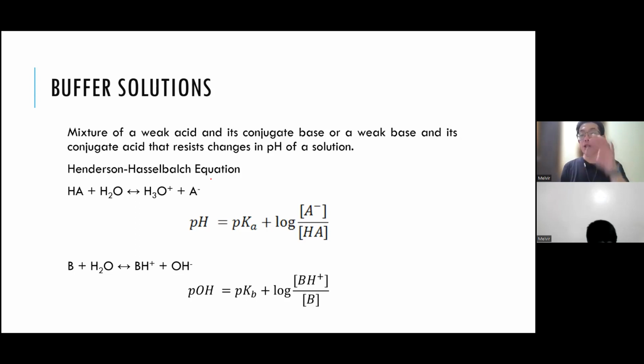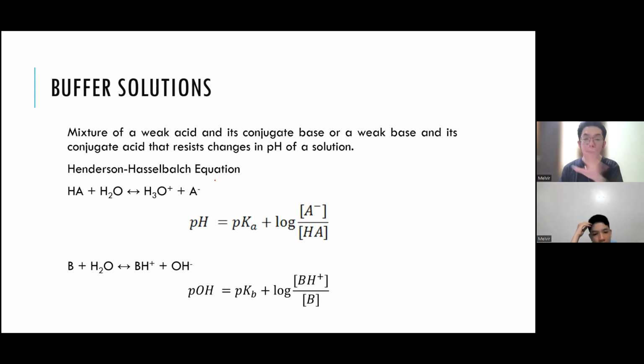So it means, let's say, Joshua, can we make a buffer out of HCl and sodium chloride? Hydrochloric acid and sodium chloride. Hindi po. No, the answer is no, because HCl is a strong acid. So you will not attain equilibrium there.